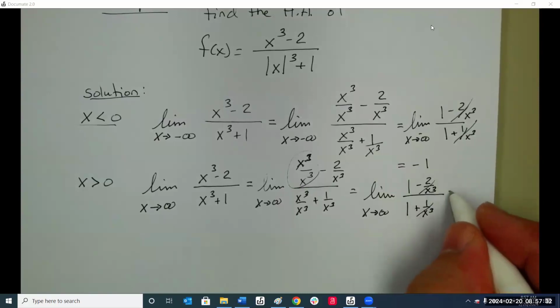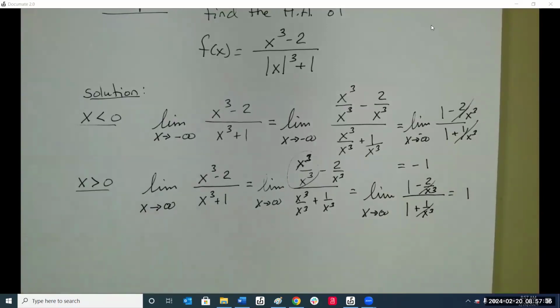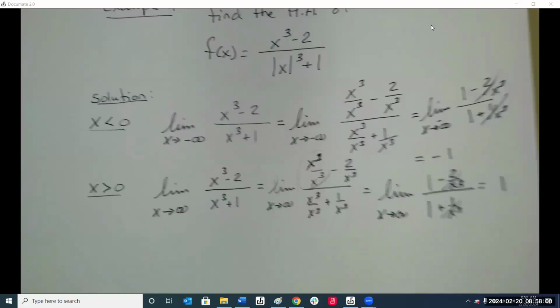Those go to 0. So we have +1 since we're looking at the positive x's. So we have two horizontal asymptotes there. One going to the left, one going to the right. So far, so good? Let's look at example 5.